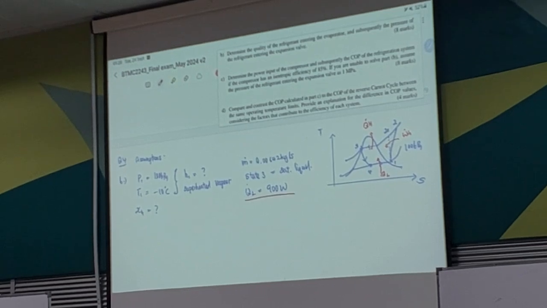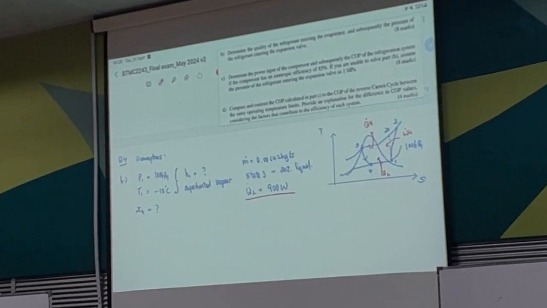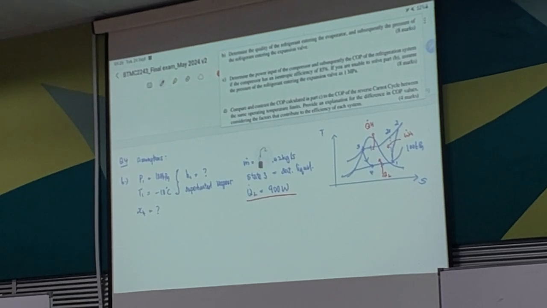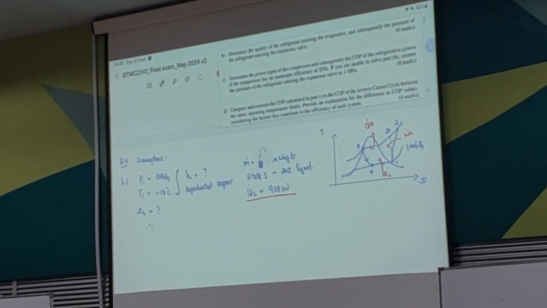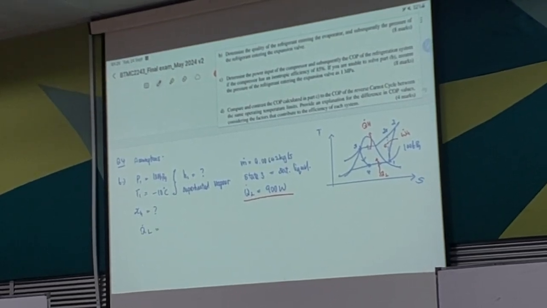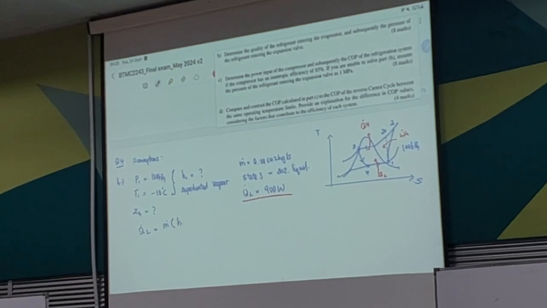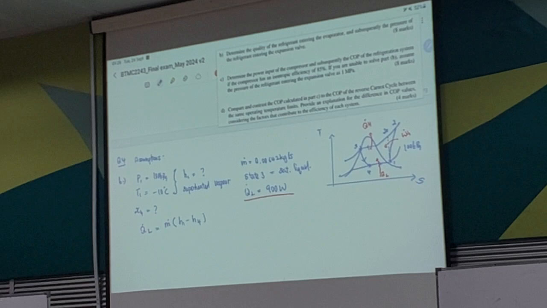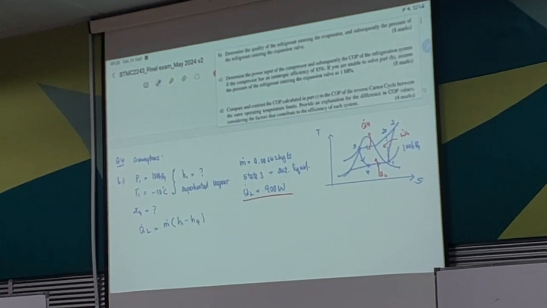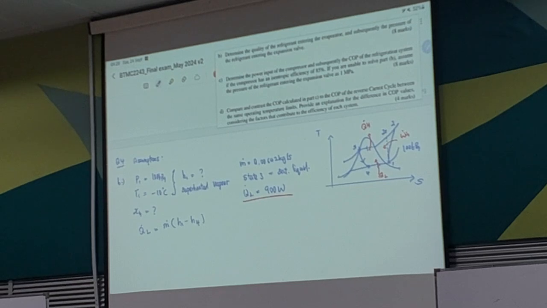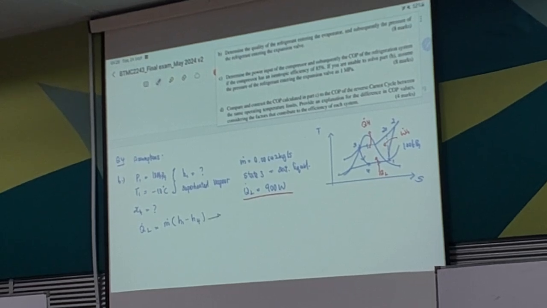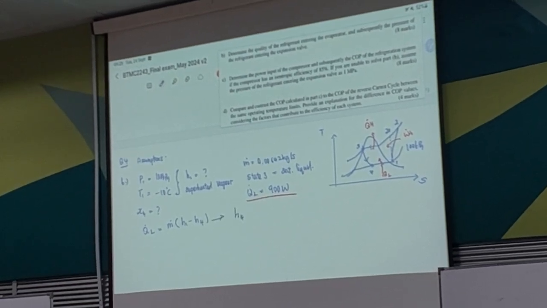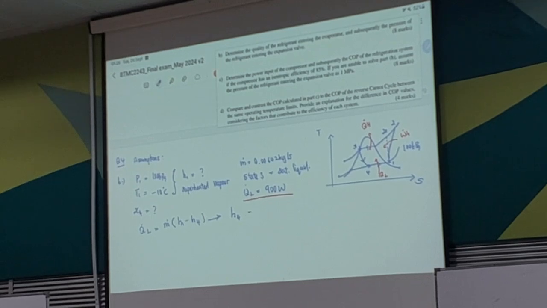We have this, which is given to you. So we know that QL is equal to m dot times H1 minus H4. But QL is in watts, so again, take note of the units. Now you can move things around, and you can get H4.